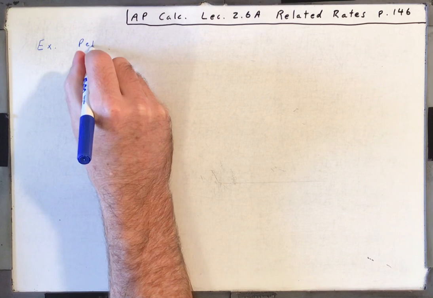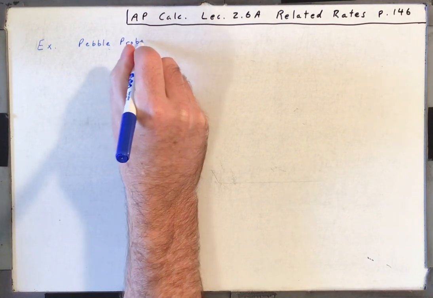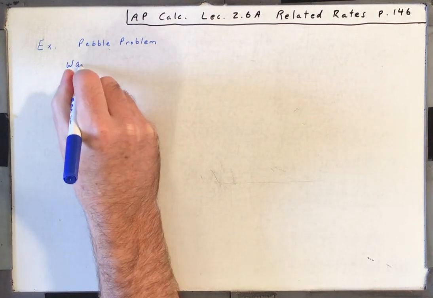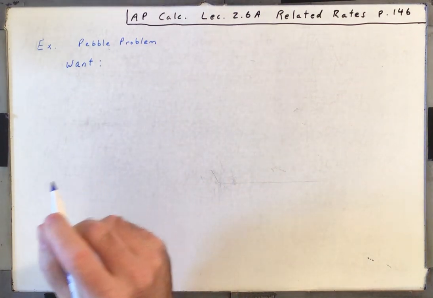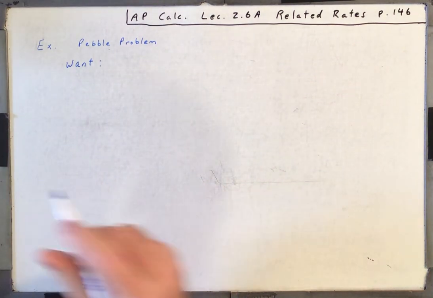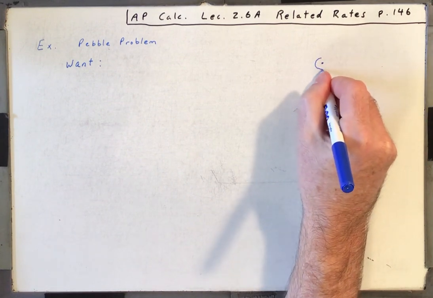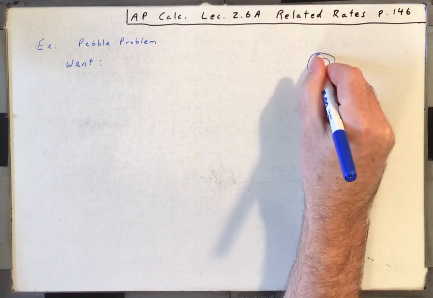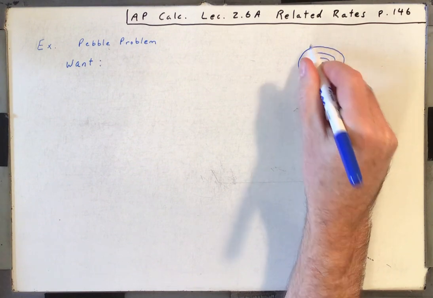So we've got the pebble problem. Okay, what do we want? Well, we're going to want to write it down in calculus terms. Let's say we have the pebble there. It hits the pond, and you've got these waves expanding in concentric circles.